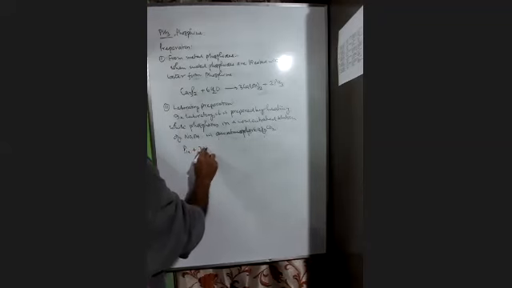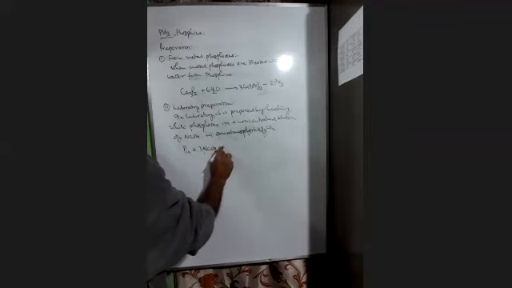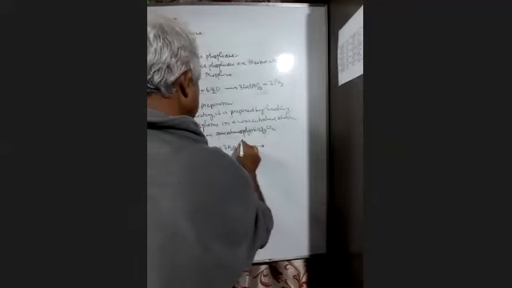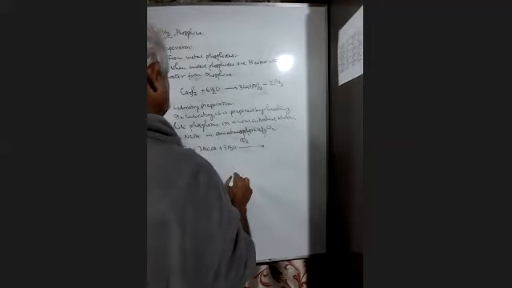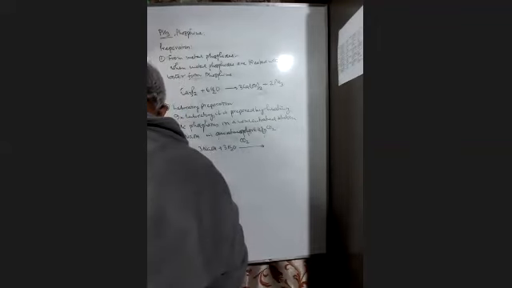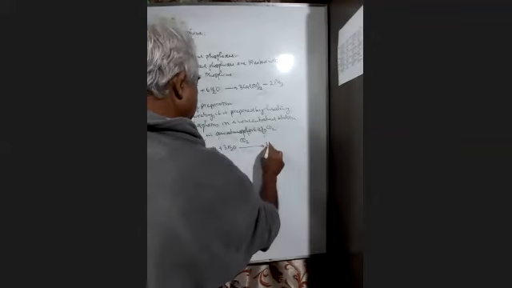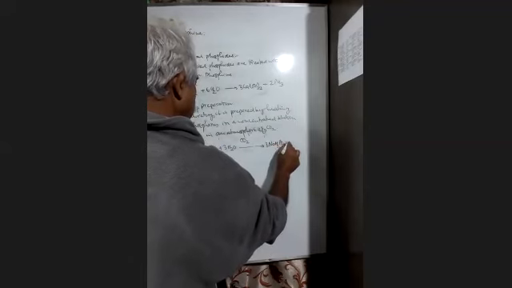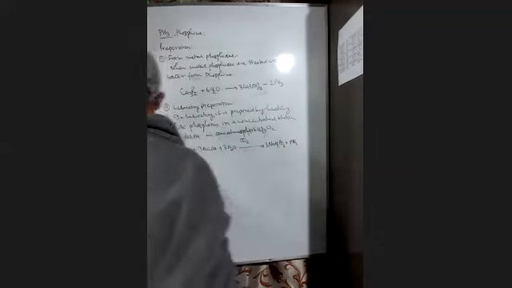So we write now here P4, sodium hydroxide, 3 molecules of water. Here I write carbon dioxide. So it is going to form NaH2PO2 plus PH3.